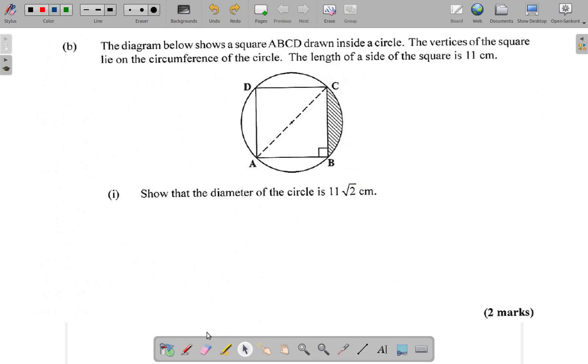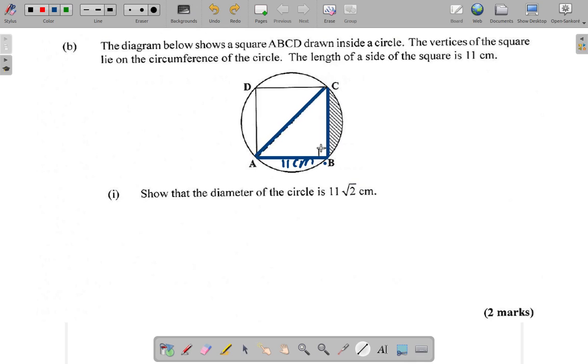Alright, let's look at what is happening in this part of the question. This is 11 centimeters. Show that the diameter of the circle is 11 square root of 2. Now, in showing that, look at this. You have AB, you have BC, and you have AC.